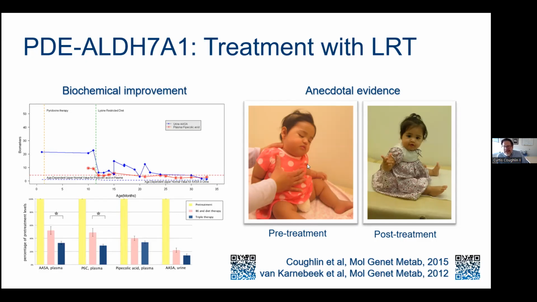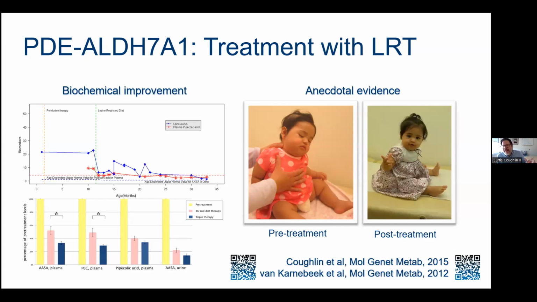And here's some from our study. But in general, most of the patients had improved quality of life, had improved developmental outcomes. And that's why, from these 18 case reports, in the consensus guidelines we said that we recommend this treatment for everyone.